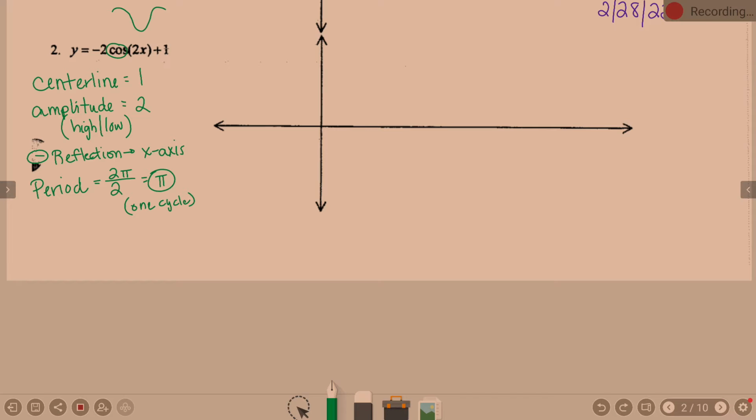One thing I did not mention earlier, when we talked about the reflection: my cosine graph that's normally a valley is going to do what? A hill. Yeah, it's going to flip upside down, and now you're going to be looking more at a hill. It's not even that you have to draw it in there.